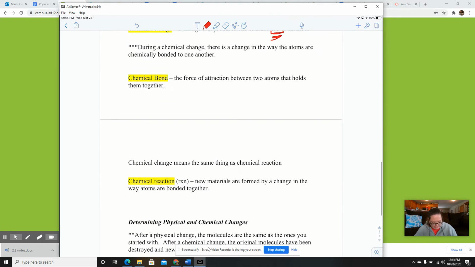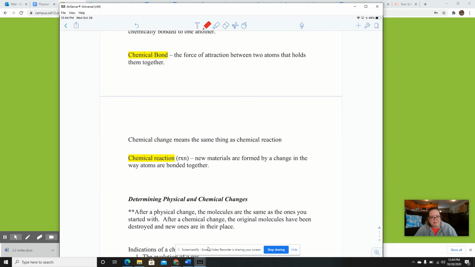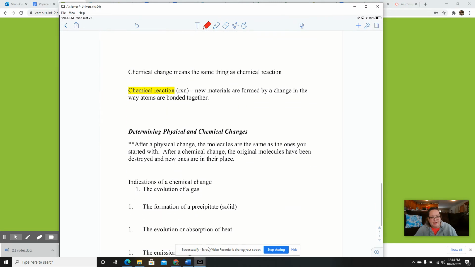A chemical bond is the force of attraction between two atoms that are held together. A chemical change means the same thing as a chemical reaction, and I use those terms interchangeably. Chemical reaction, RXN, is just the abbreviation for reaction.